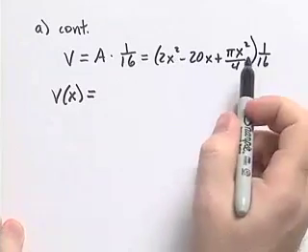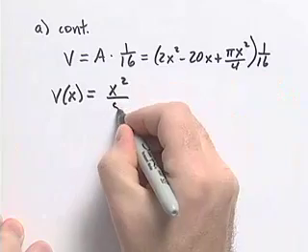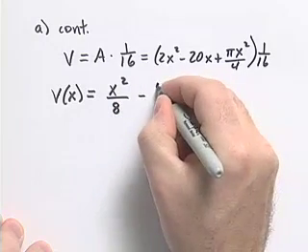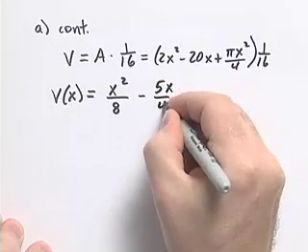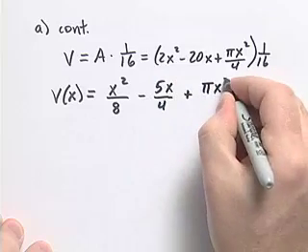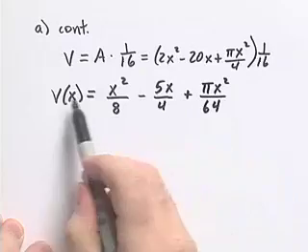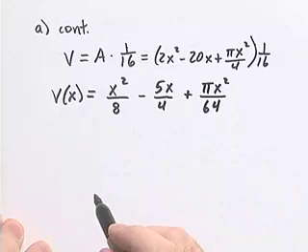We multiply these together, and our volume will be x squared over 8 minus 5x over 4 plus pi x squared over 64. And so here we have the volume expressed as a function of x alone.